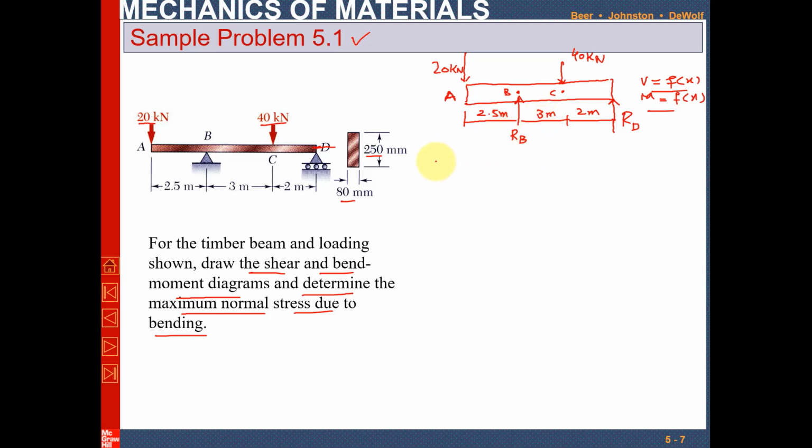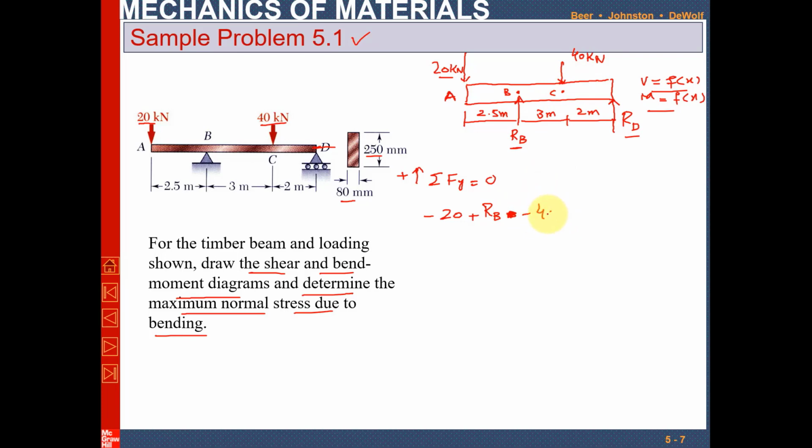So first of all, the first step is to find out the reaction forces RB and RD. So how will you find them? You will have the equation: sum of all forces along the y direction is equal to 0, and upward is taken as positive. You can see one force is 20 kilonewton that is acting downward, so it is minus. There is a reaction force at point B that is taken upward, that is RB, plus there will be a minus force because this 40 kilonewton is acting downward.